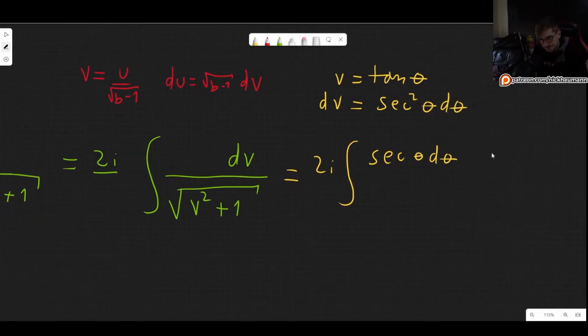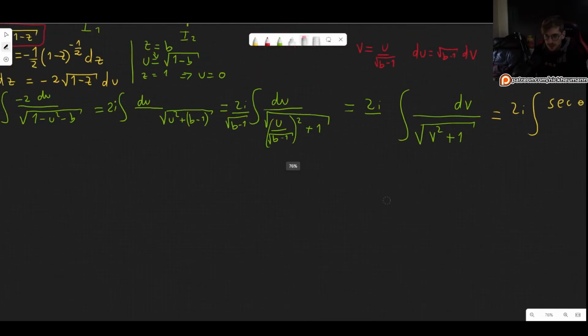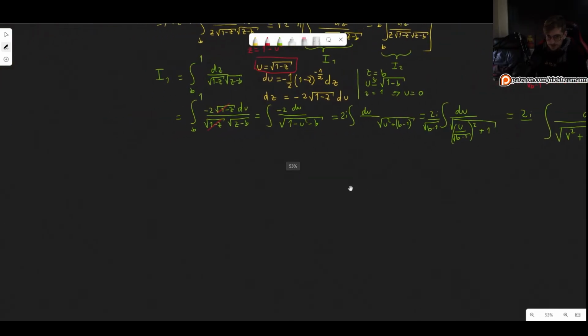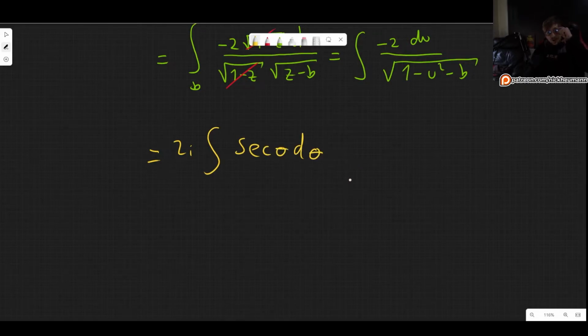Actually, I think I'm going to start writing downwards because I'm going way too much off to the side. So let me just recap here. Currently we have 2i integral of secant theta d theta. Well, to solve this integral, there's several ways of doing it, but what I like to do is to say, all right, let's now multiply and divide.